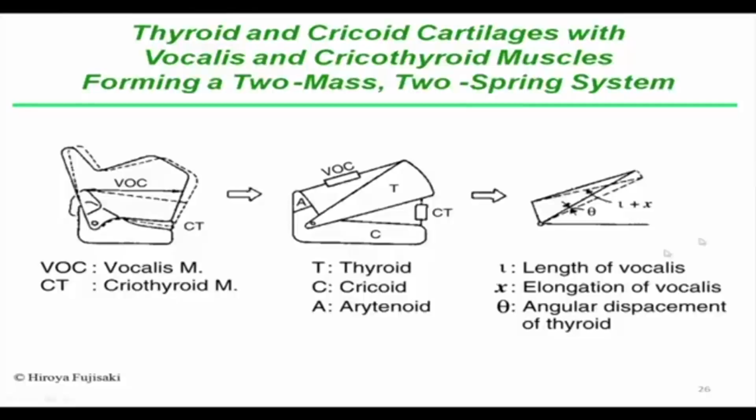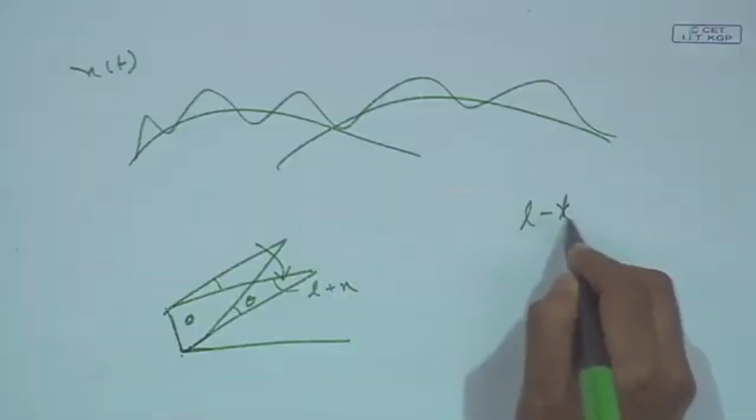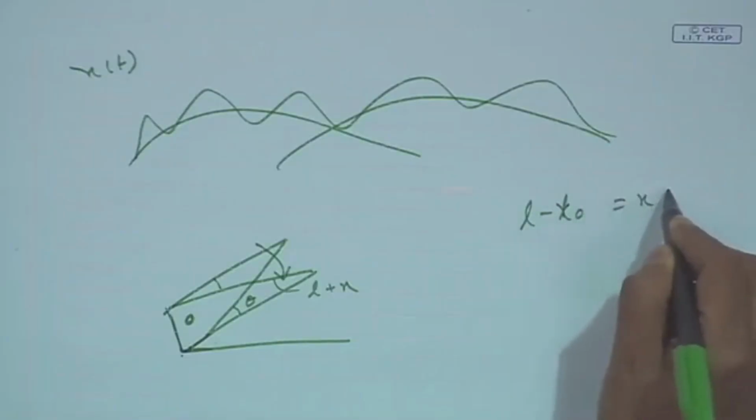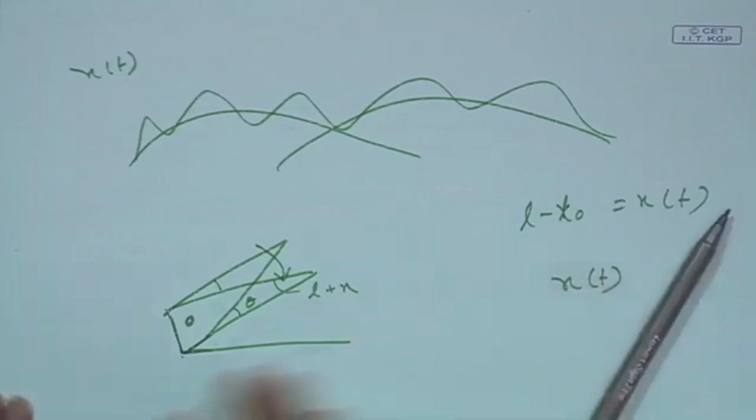L is the length of the vocal fold, x is the extension or elongation of the vocal fold, and theta is the angular displacement of the thyroid. If I do the angular displacement, there will also be a length change. If I do the translation, there will also be a change of length, that is L minus L0, which is represented by xt, and this xt is the summation of these two changes in the logarithmic domain.